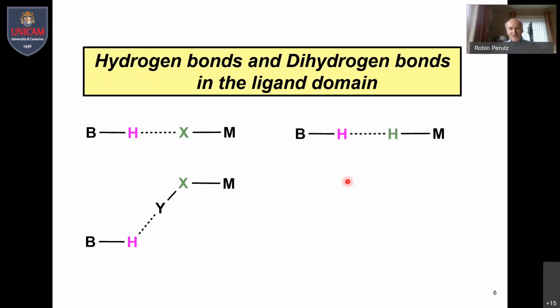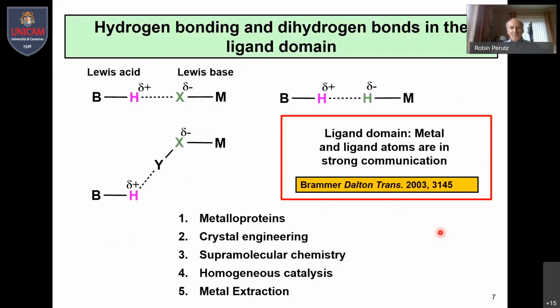So what I mean by that is explained on the next slide. The ligand domain was a term started by my colleague Lee Brammer, and how he defined it is where the metal and the ligand atoms are in strong communication. So here we have a metal X bond.